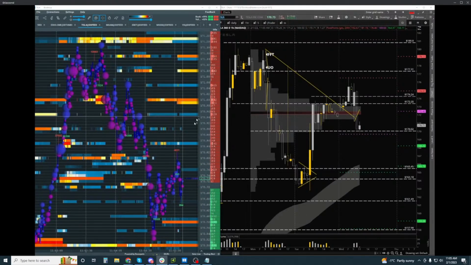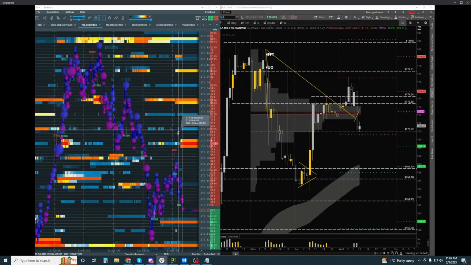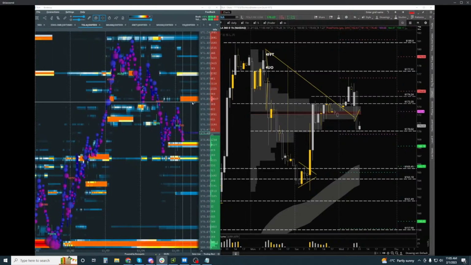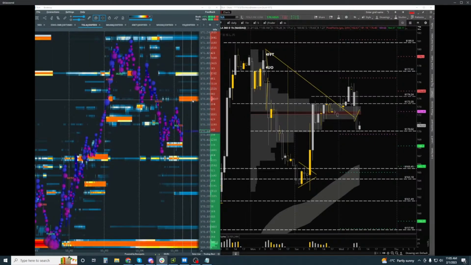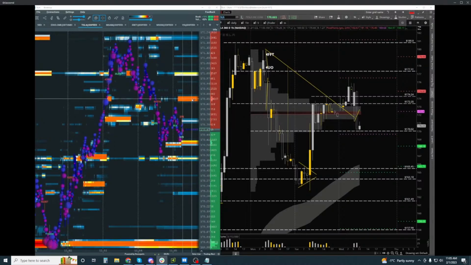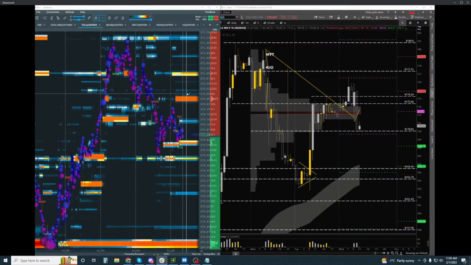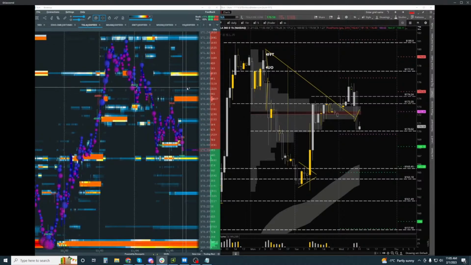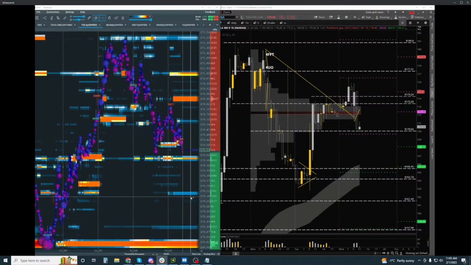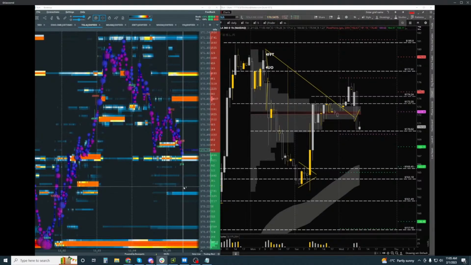I think we're going to get back to 170. More liquidity jumped in over here, 170.85. Again, I stick to the main trend if I don't have a reversal scenario, a reversal setup, right? So I expect to see it back at the 170 over here.